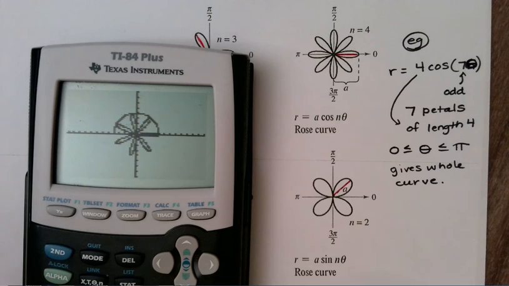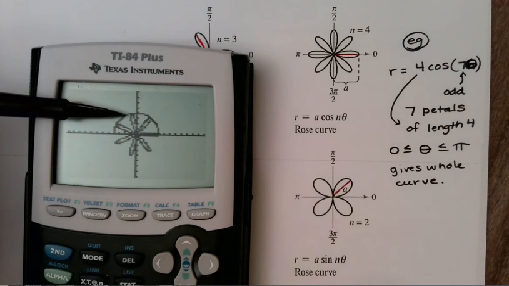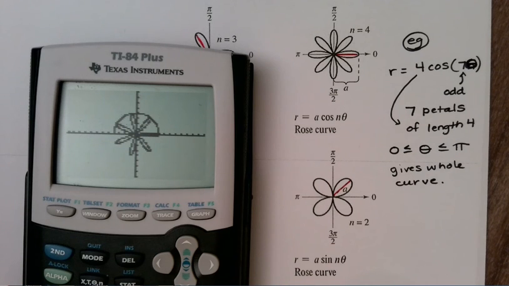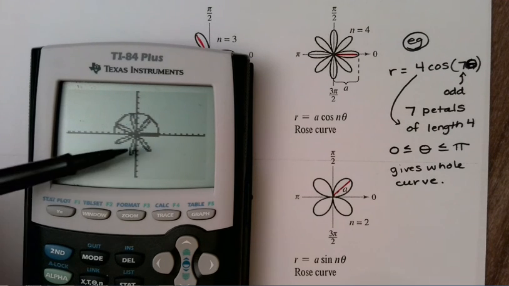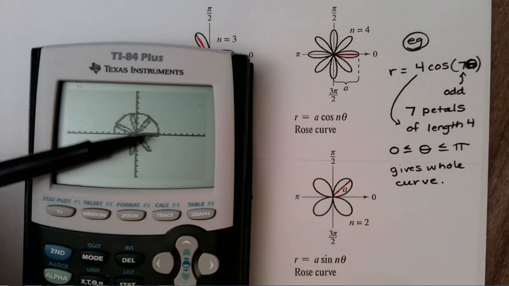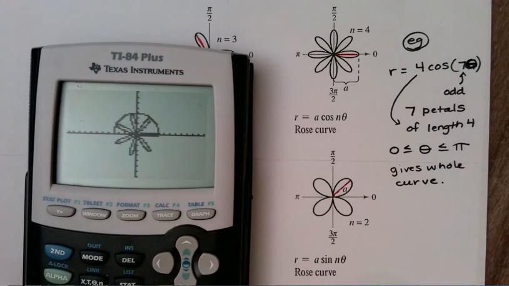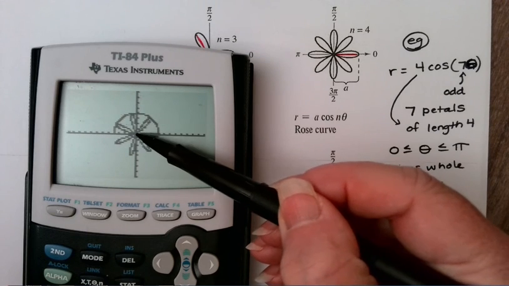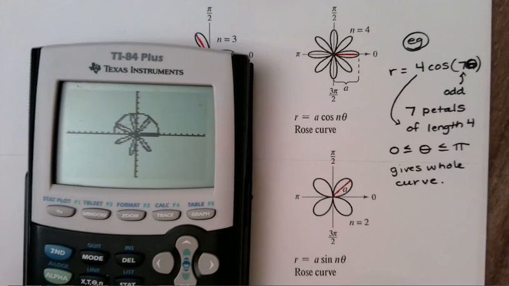Do you see how the tip of each petal just touches that circle? So in fact, yes, the length of the petals really is 4. Remember, I was only graphing from 0 to pi. That's why it only graphed half the circle. But it shows me what I wanted to see. The length of each petal is exactly 4.